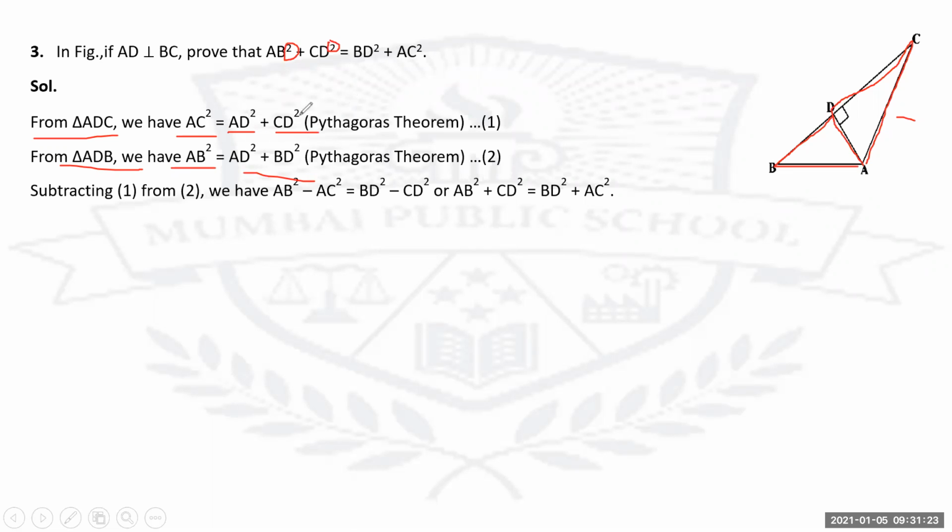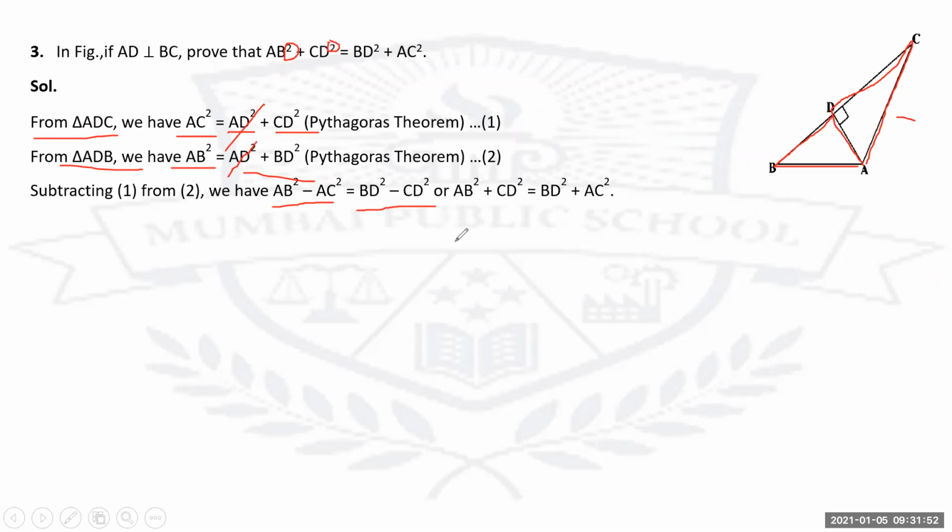Now you don't need this AD square and AD square, so you have to subtract the two terms, because you want AD square to be cancelled off. Subtracting 1 from 2, you get AB square minus AC square equals BD square minus CD square, because AD square and AD square would get cancelled after subtraction.